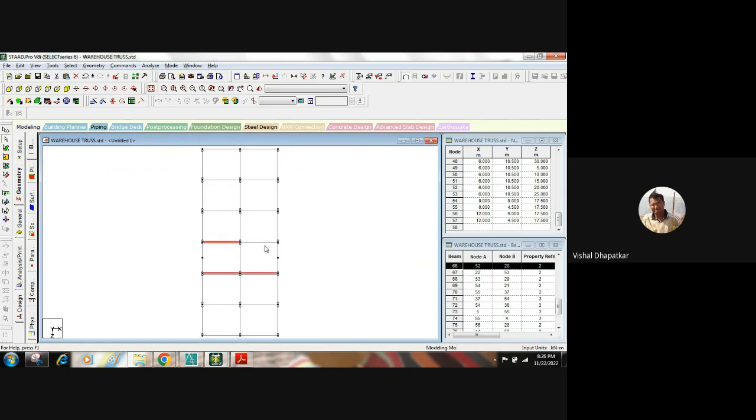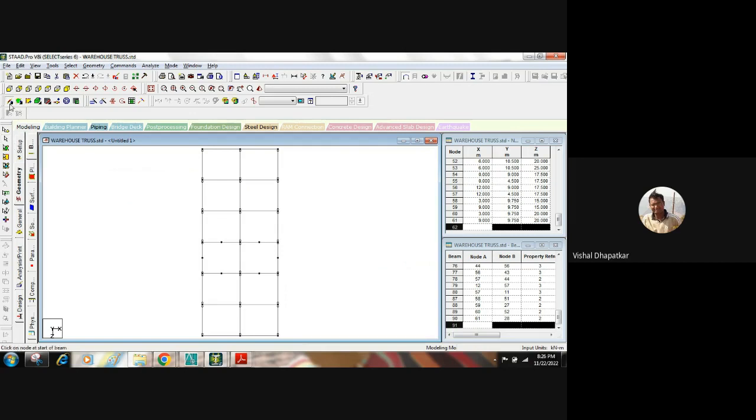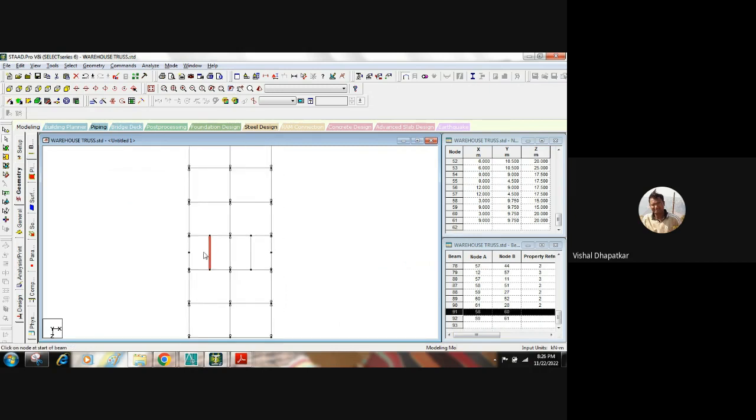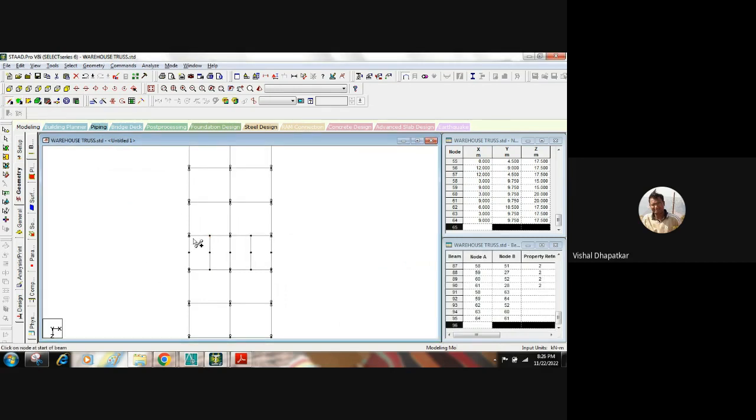I'll just create some nodes. We'll just create some members. So again, this member will be released.